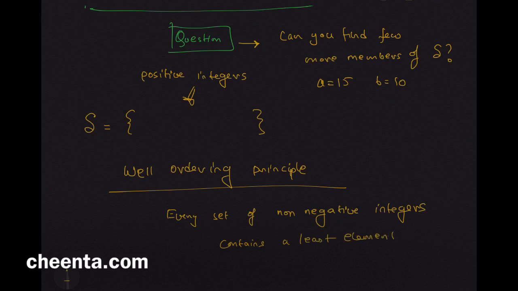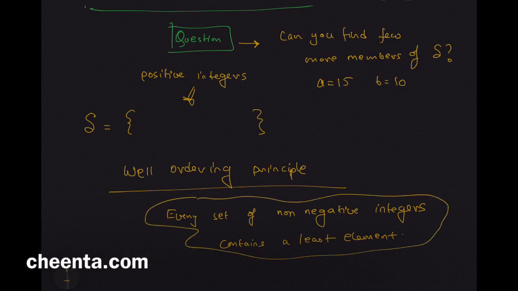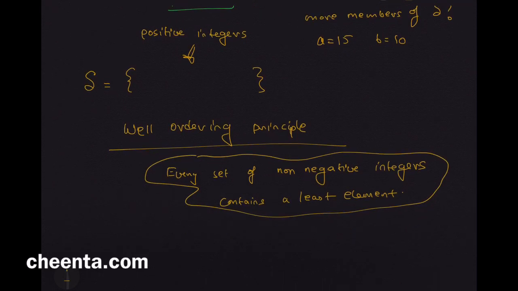This is apparently not so powerful, because of course it looks obvious, right? If you have a bunch of positive integers in this set, there must be one which is the smallest one, right? There has to be a smallest one. That's the essence of the well ordering principle.